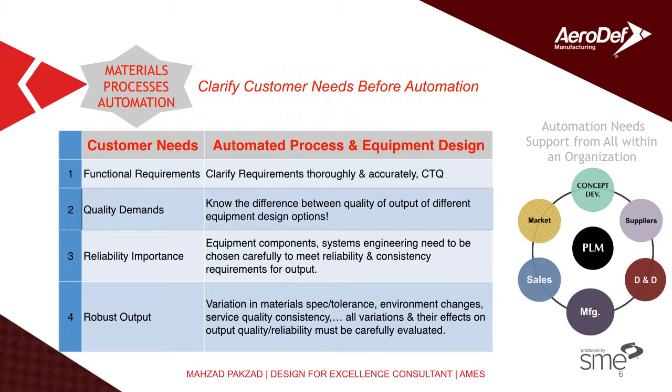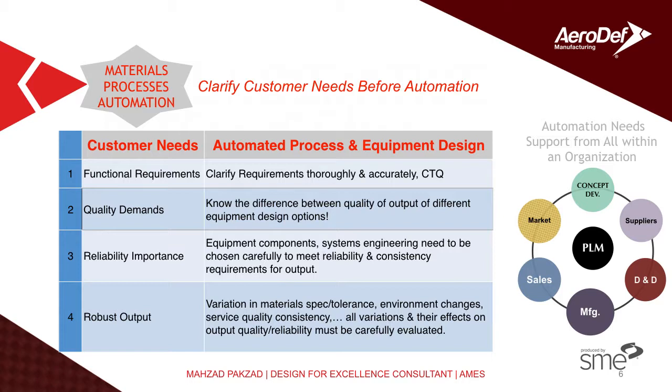Whether you choose a Hyundai or a Rolls Royce for your automated equipment, which one do you want it to look like? It depends on what the quality demands are, as well as the importance of reliability.